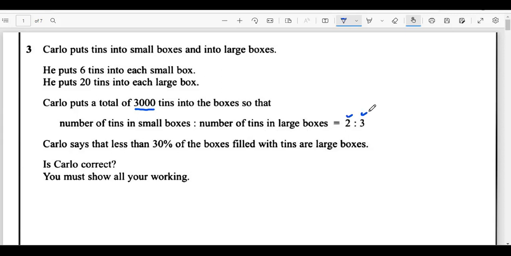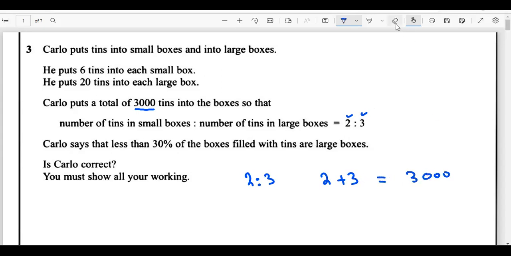So first of all, we need to find out how many tins are going in each box. So we can do 2 plus 3, and that would be for 3,000.